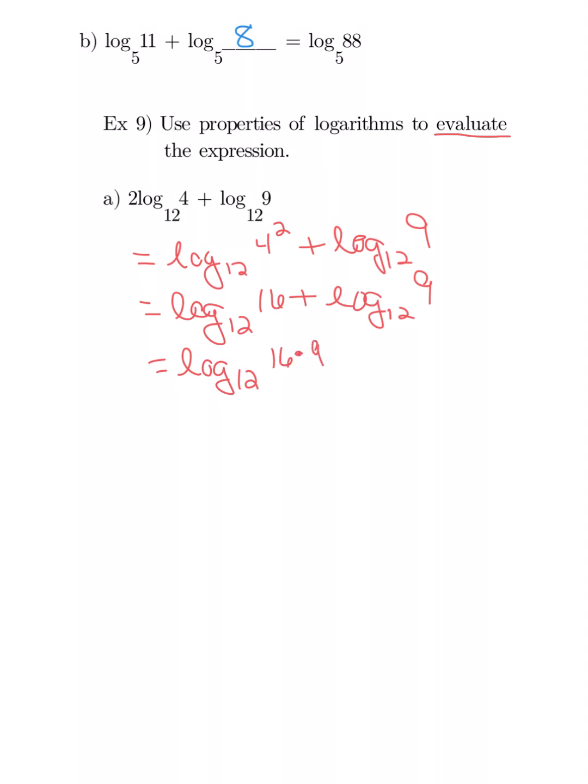So it becomes log base 12 of 16 times 9. But 16 times 9 is 144. So now we have to ask ourselves, to get a numerical answer for this, what power of 12 gives me an answer of 144? Well, 12 squared is 144. So my answer is 2.